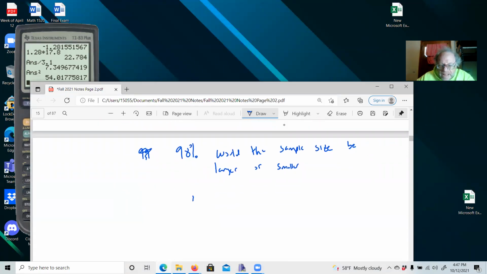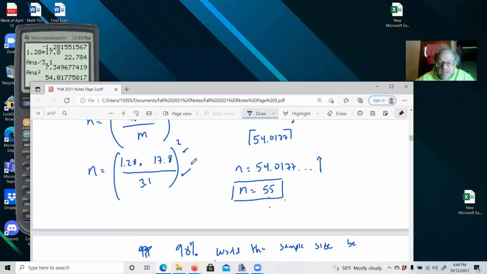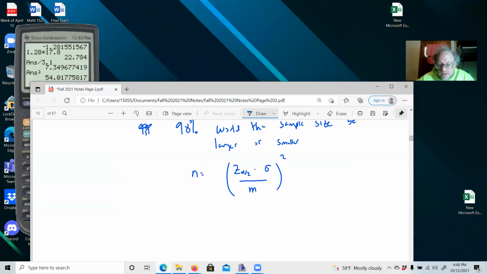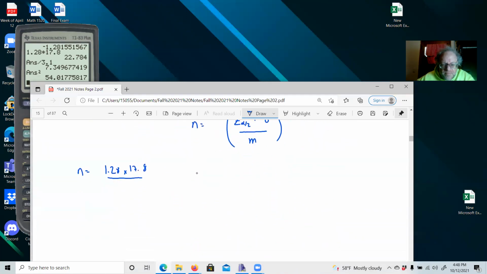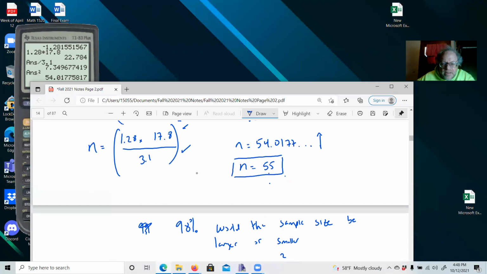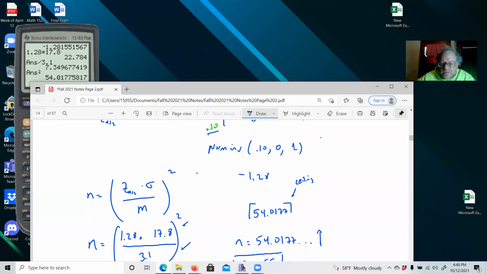So my n is equal to z alpha over 2 times the standard deviation over the margin of error, squared. The calculation we just did was n is equal to 1.28 times 17.8 divided by the margin of error, which was 3.1, and this was for an 80% confidence interval, wasn't it?